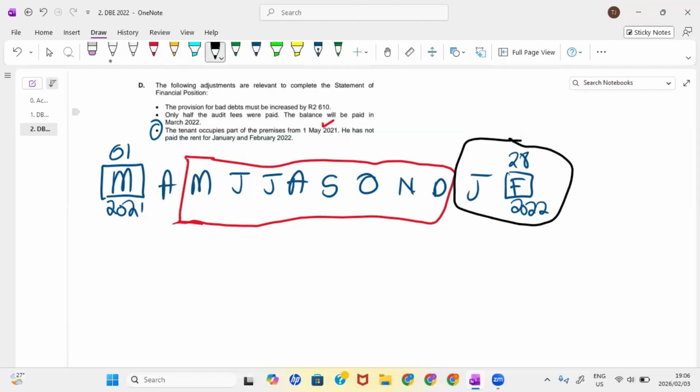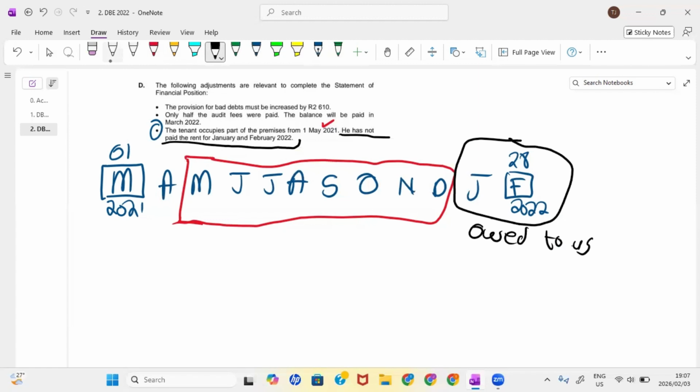They literally said it. He has not paid the rent for January and February 2022. So these 2 months, it's owed to us. We have not received the 2 months. It's owed to us. So what are we supposed to do now? We are supposed to find out how much are these 2 months and what do? We must add.